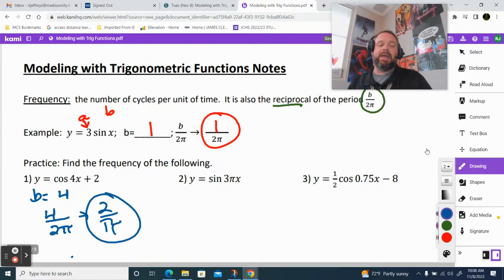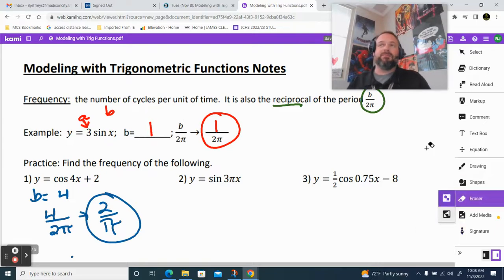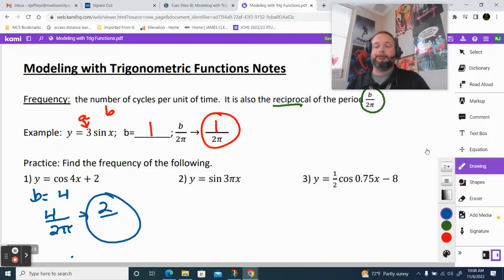Are you wondering how that went from 4 over 2 pi to 2 over pi? Okay. What is 4 divided by 2? Yeah, there you go.